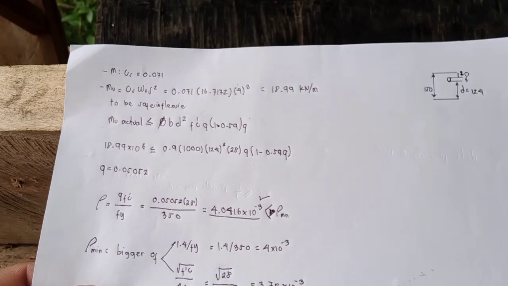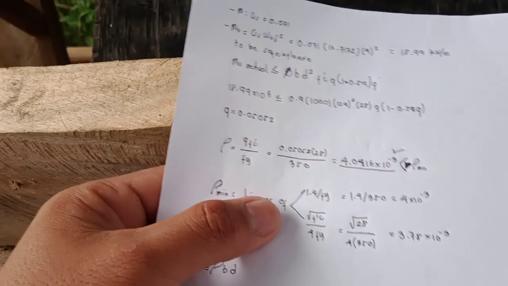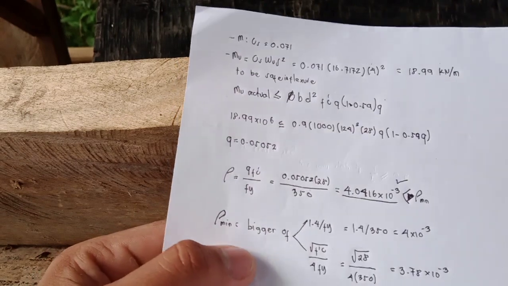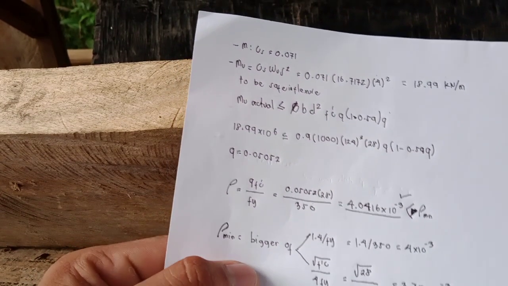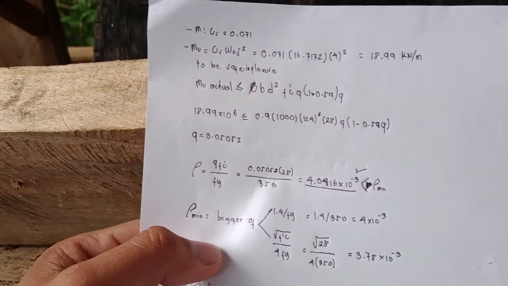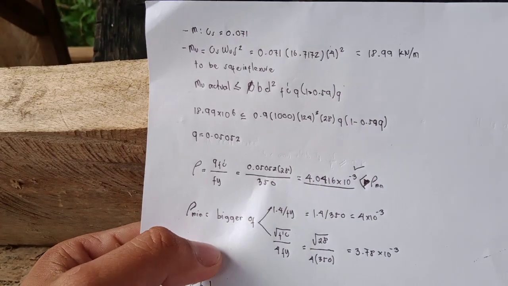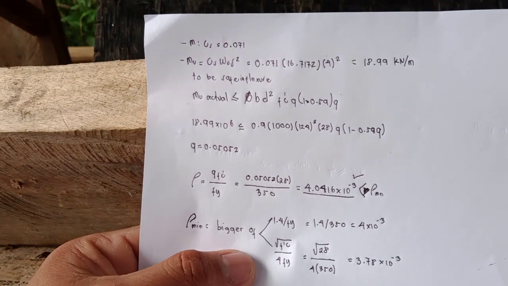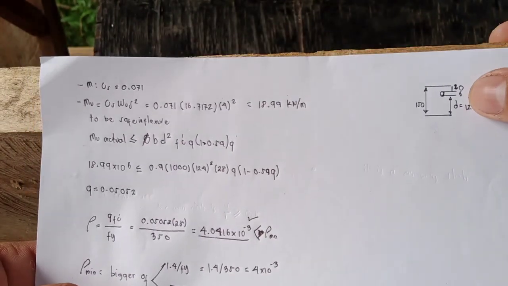So how did we get d? This is our thickness, 150 mm. This is the minimum cover of 20 mm, and this is the half bar diameter. So I'll use a 12 mm bar, so we get 6.